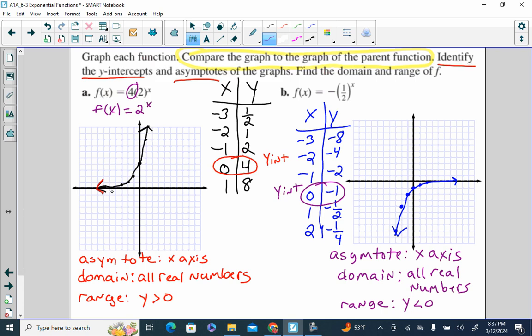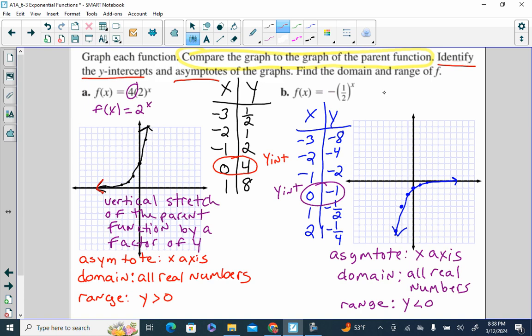So comparing it to the parent function, we'd have a vertical stretch of the parent function by a factor of 4.